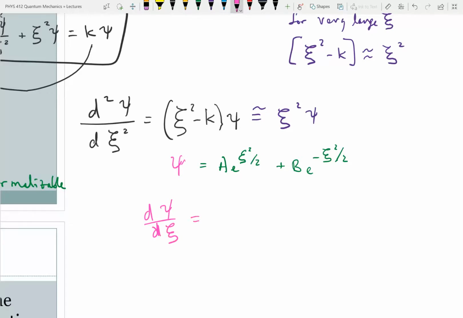So the first derivative would be bring down the derivative of the exponent. For the a term, it's going to be c times 2 over 2, so c. And then repeating. And then for the second one, it's got the minus sign.